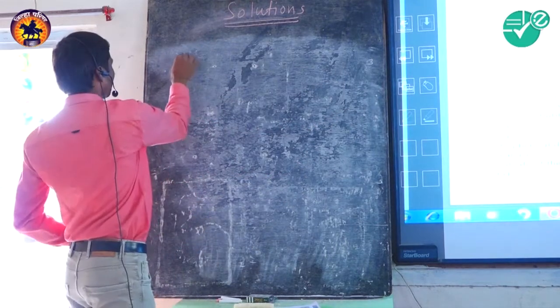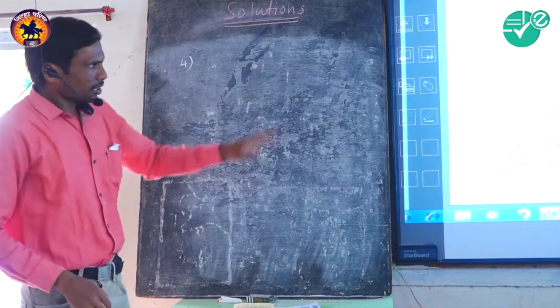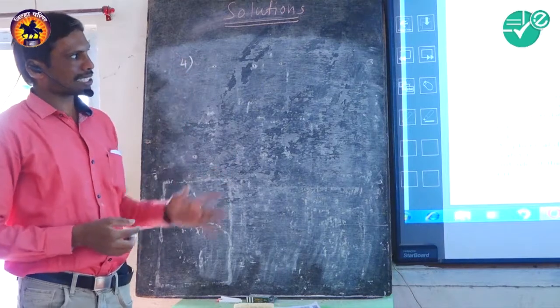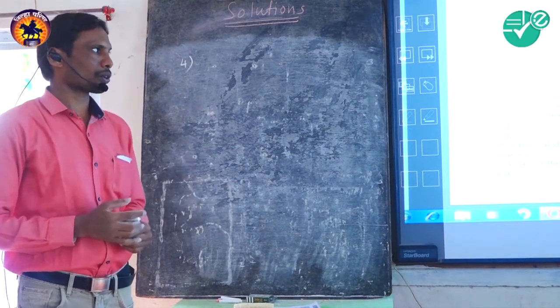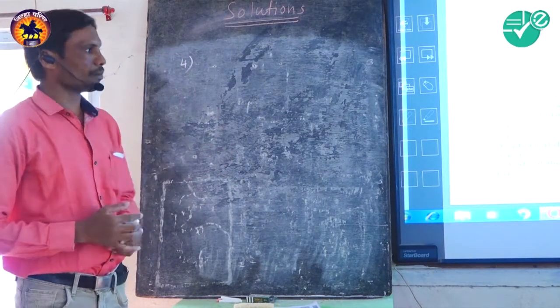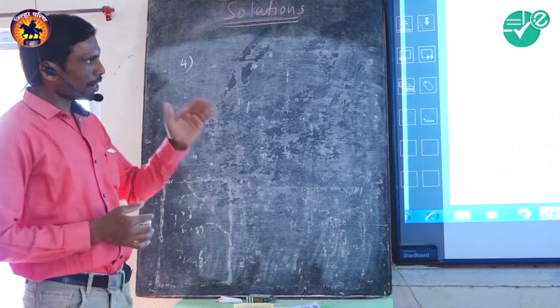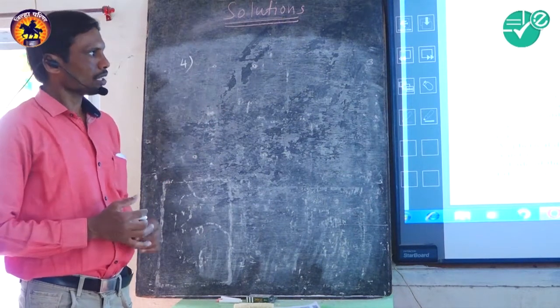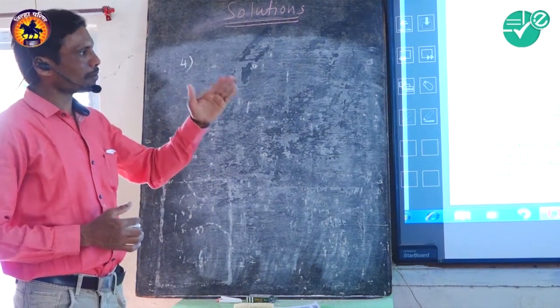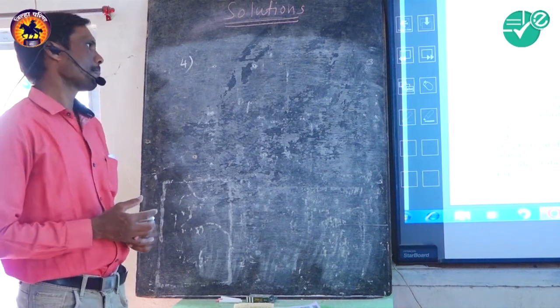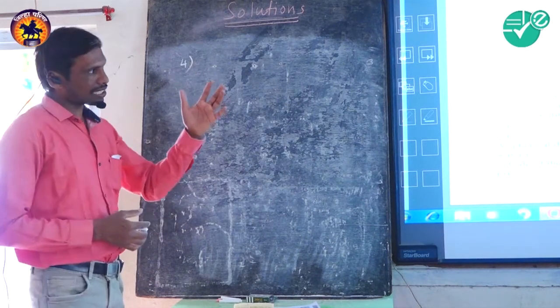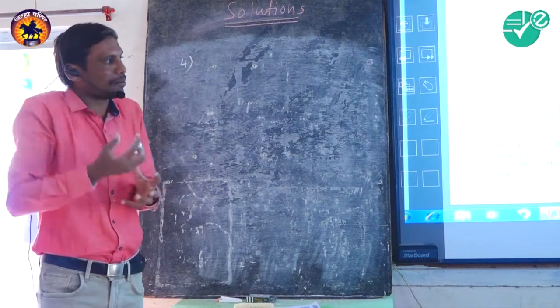Then fourth MCQs. The radii of two soap bubbles are R1 and R2 in isothermal condition to meet together in vacuum, then radius of resultant bubble is given by. Here the two soap bubbles, those are combined to form a single bubble.